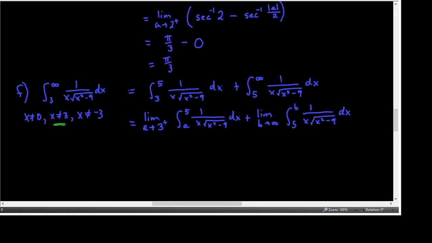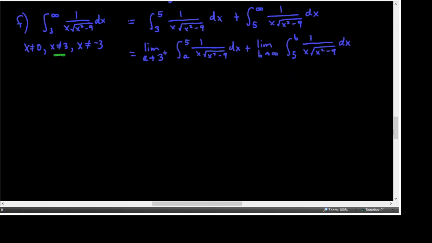All right, now using what we did before, so I'm gonna speed this one up a little bit because we just did one like it. The antiderivative, actually for both of them, is the same thing. The antiderivative is going to be 1 over a, and what's a in this problem? 3, right? Because 9 is a squared. So 1 over a, secant inverse of the absolute value of x over a, which is 3.